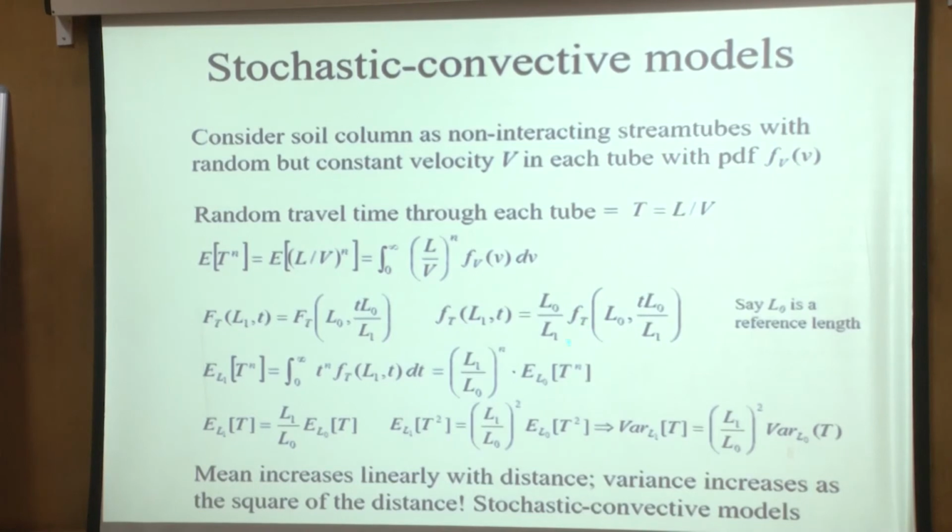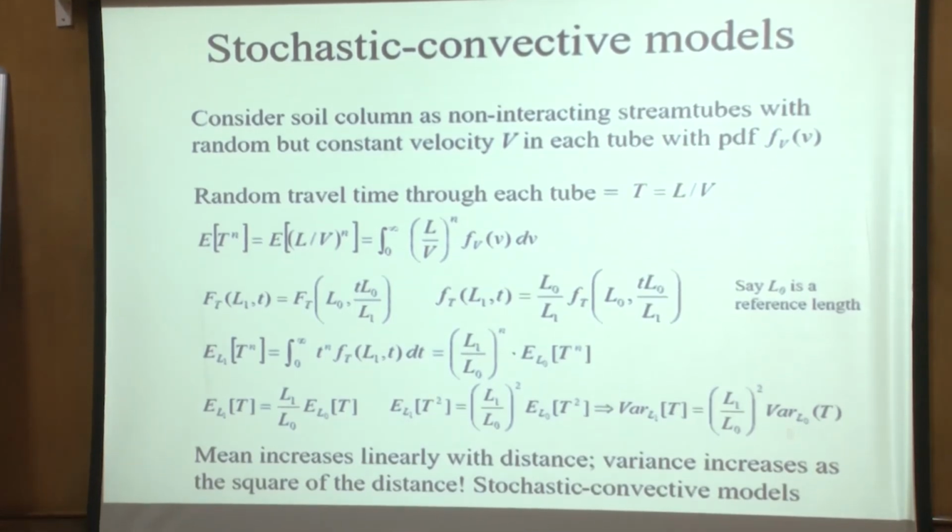It's going to be in terms of the PDF when the column length was L sub 0. Which essentially says the same thing. The probability of travel time for L0 is given. For L1, it's essentially going to be scaled by this factor. So it's simply a variable transformation.